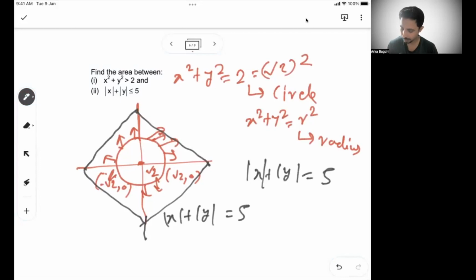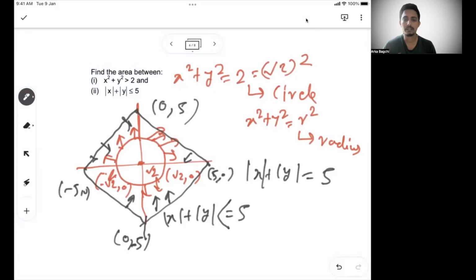Now, if it is less than or equal to 5, that means we're talking about the inside region of this. This is 5 comma 0, minus 5 comma 0, 0 comma 5, 0 comma minus 5. So this will be the graph of mod x plus mod y less than or equal to 5.